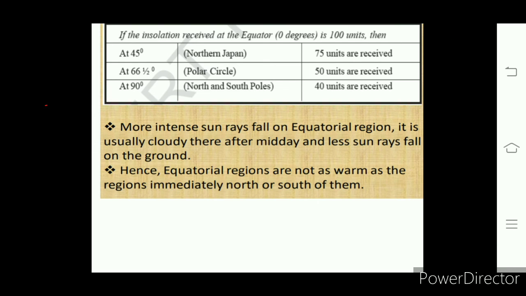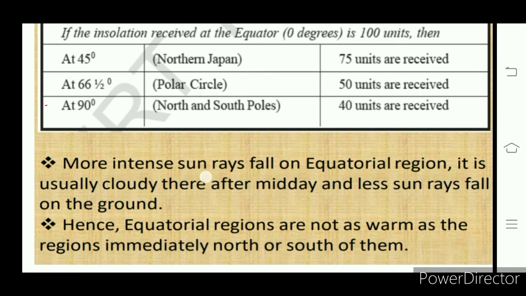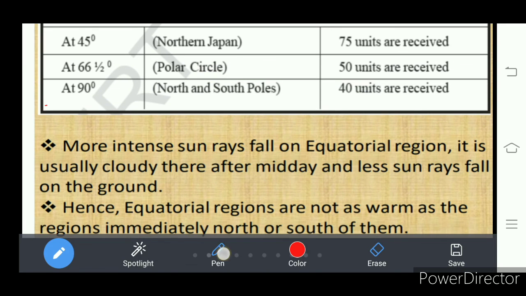At 90 degrees north and south pole, there the insolation received is 40 units. At 66 and a half degrees, either Arctic Circle or Antarctic Circle, there 50 units of insolation is received. And at 45 degrees, that is at Japan, 75 units of insolation is received.